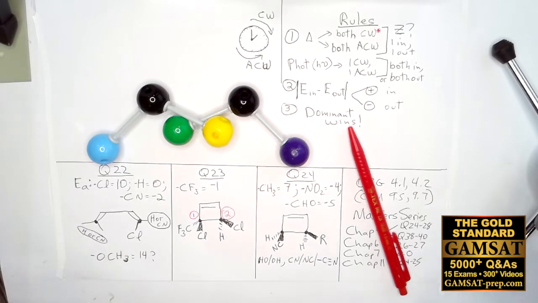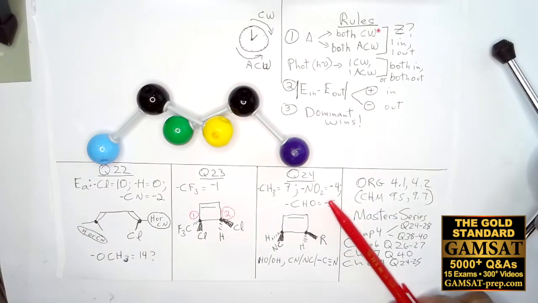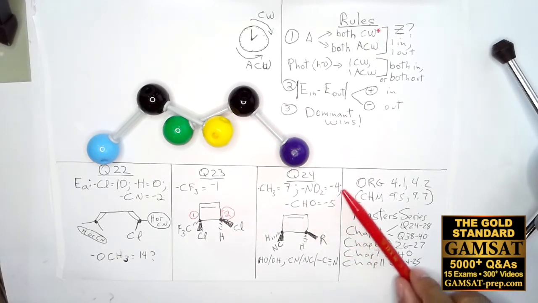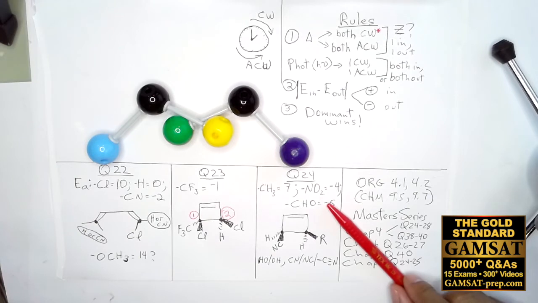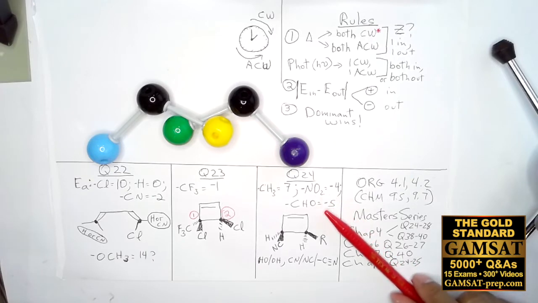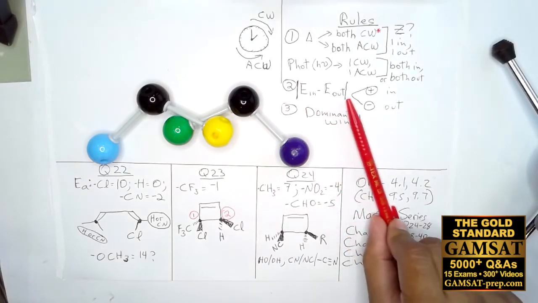But what about NO2, which is -4, and CHO, which is -5? If these were in competition with each other, which would win? NO2 is the higher number, but CHO is the higher magnitude, which means the absolute value.